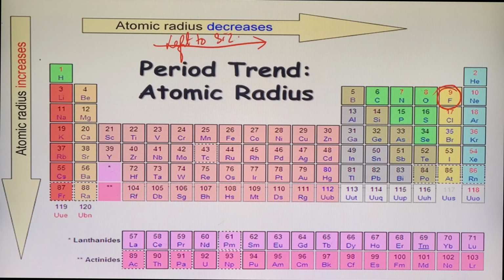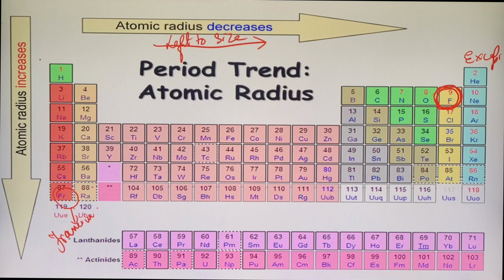So the smallest atomic size will be somewhere here. And we know noble gases are an exception. So which is the element which has the smallest atomic size in the whole periodic table? It will be fluorine. Which is the element which will have the largest atomic size? It will be francium.